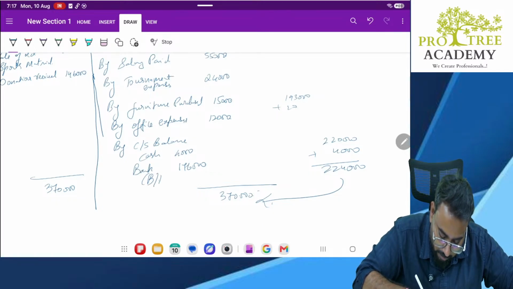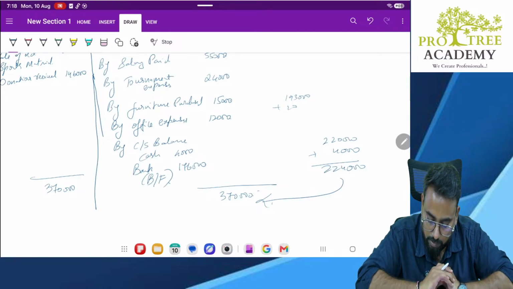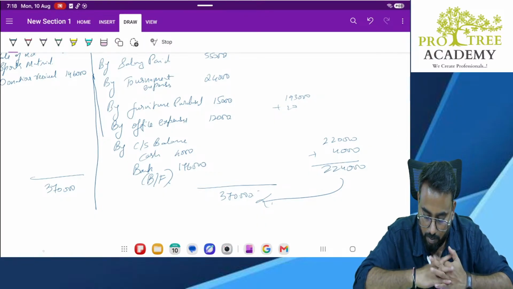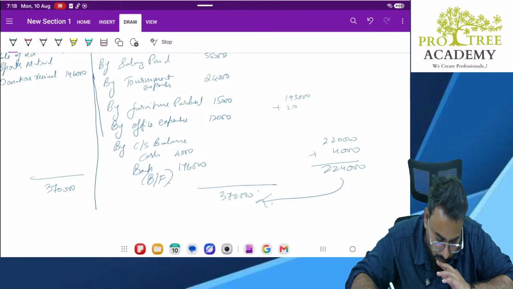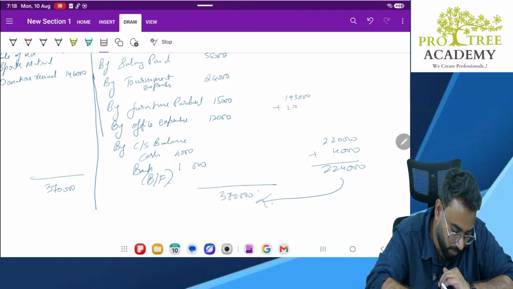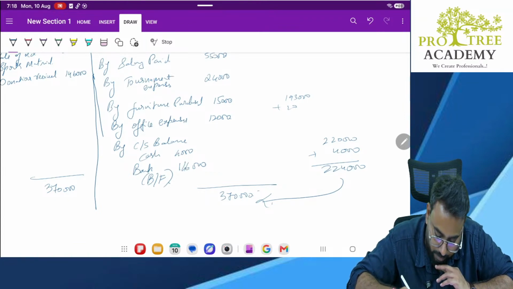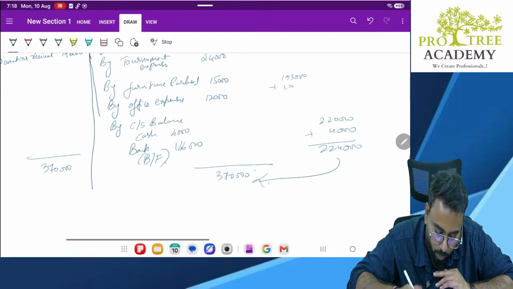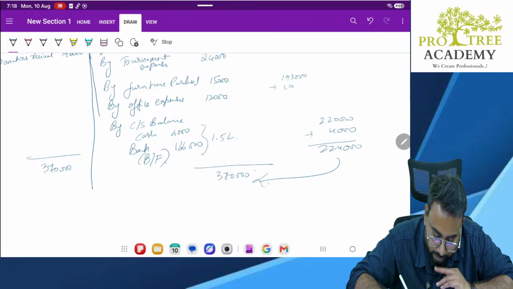This is your balancing figure. Total 1.5 lakh.